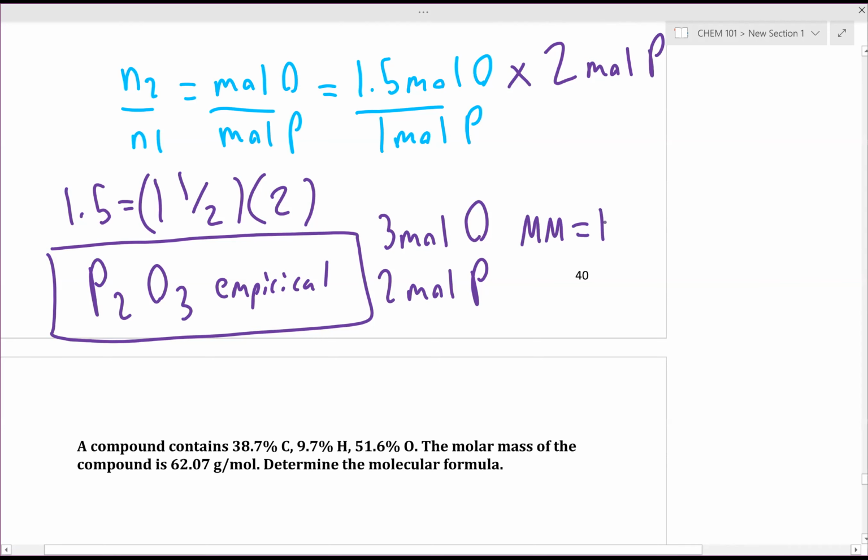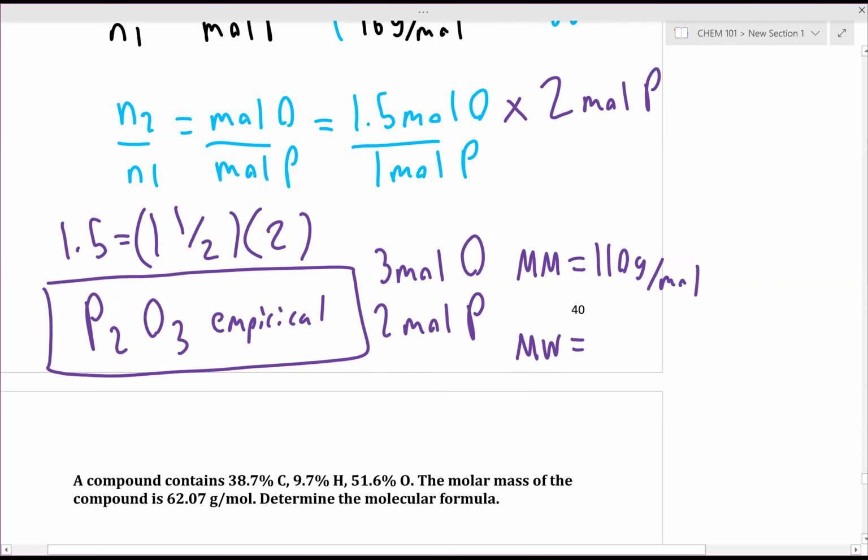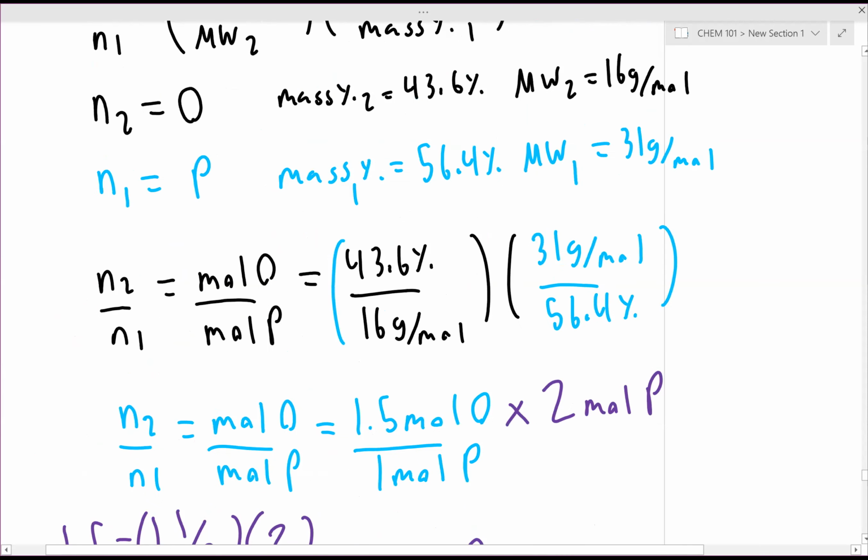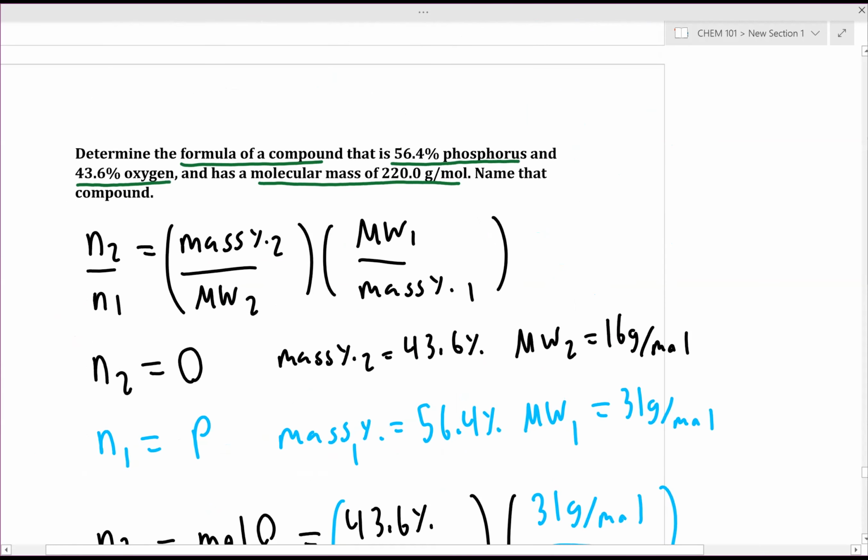We have a molar mass of 110 gram per mole. If we compare it to our overall molecular weight, the actual molecular weight given in the problem, reading off from the problem, what molecular weight are we given for this compound? What molar mass are we given?